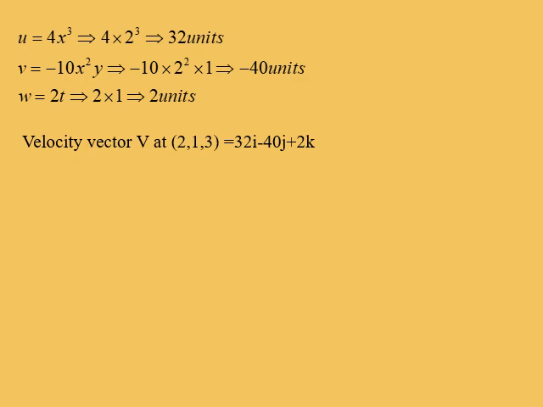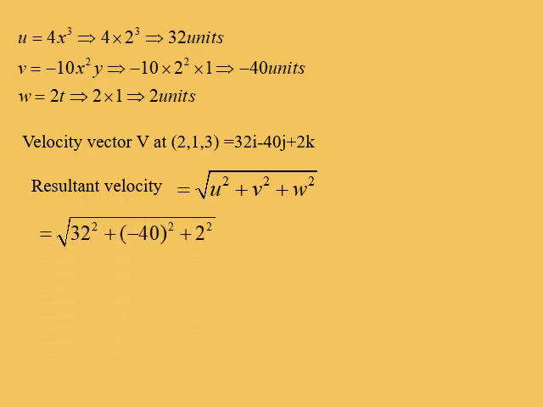The velocity vector V at 2, 1, 3 is 32i minus 40j plus 2k. Now the resultant velocity is given by the square root of u square plus v square plus w square.